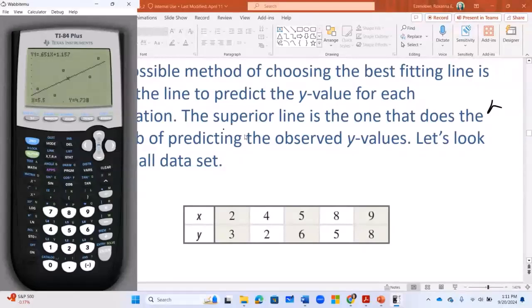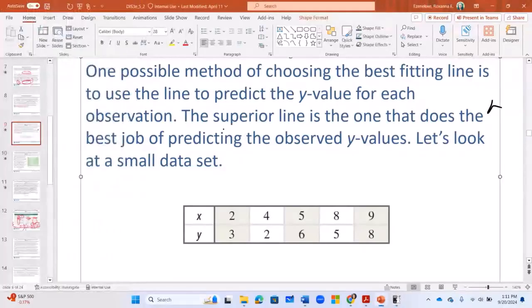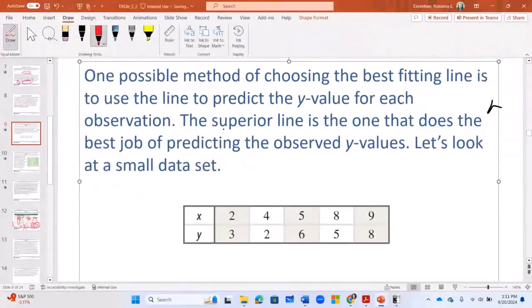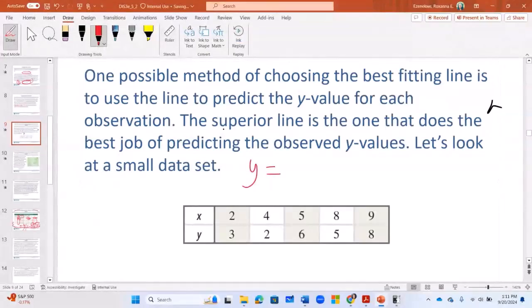The equation is y hat equal to 0.065x plus 1.157. Suppose I am told to find the residual for 2.